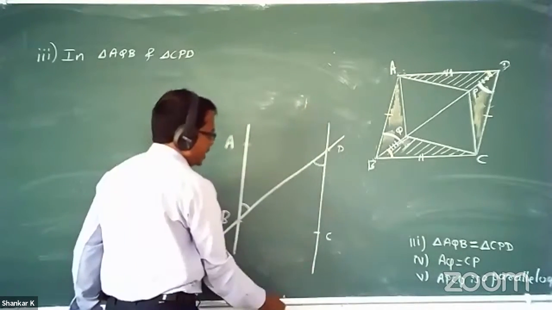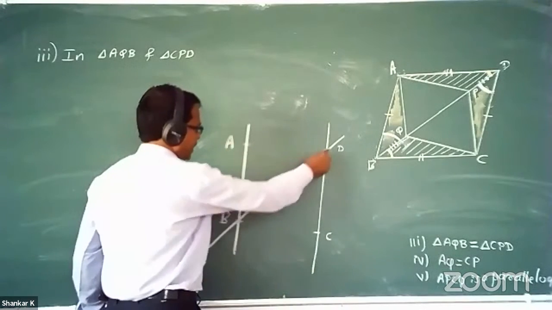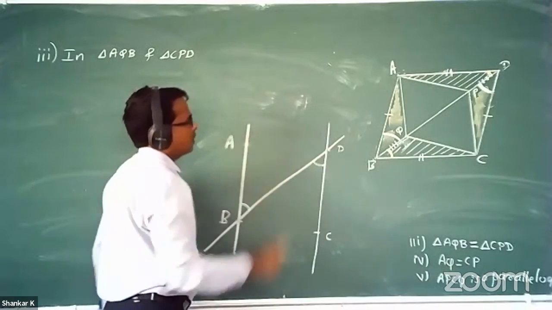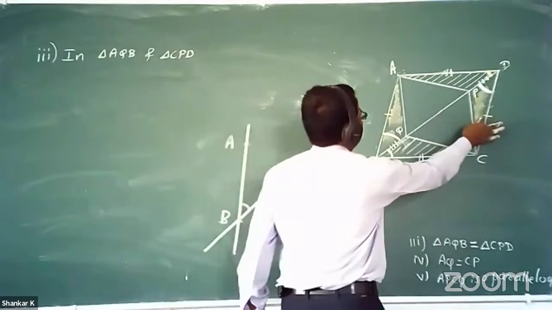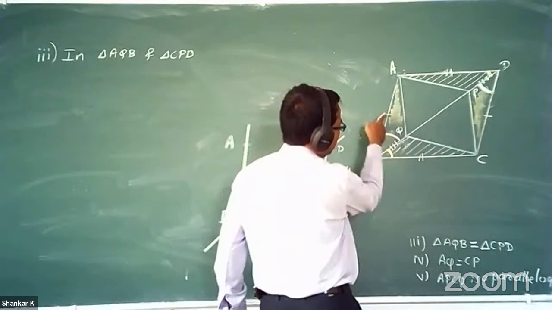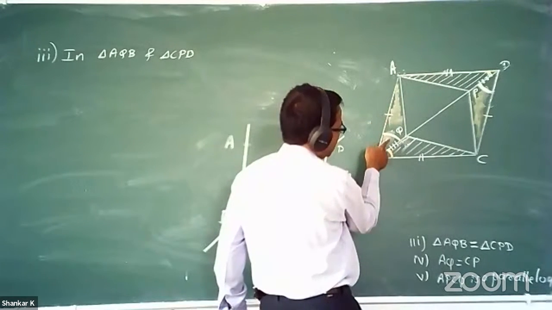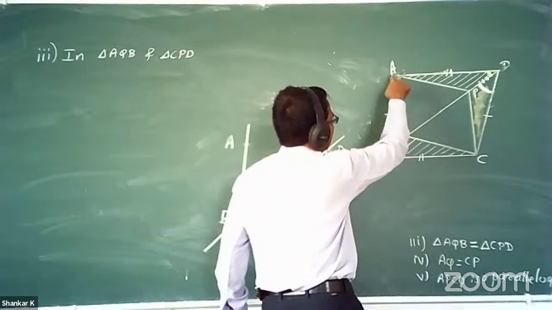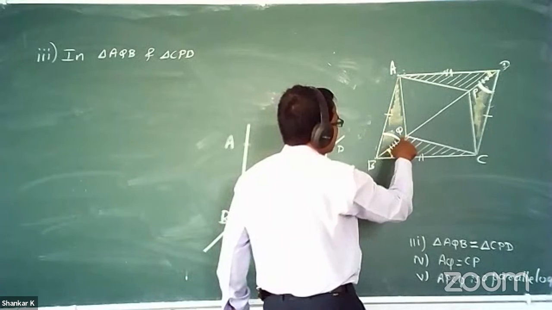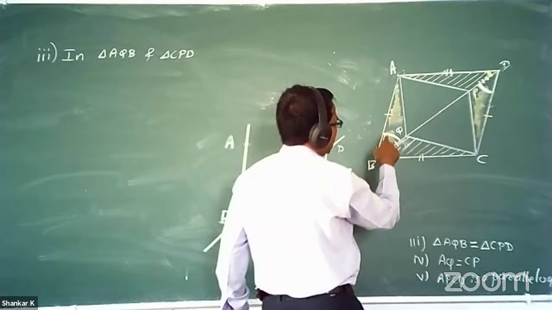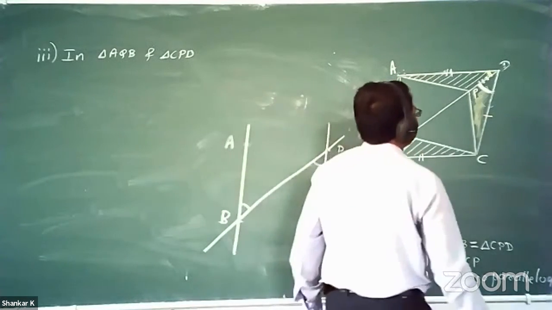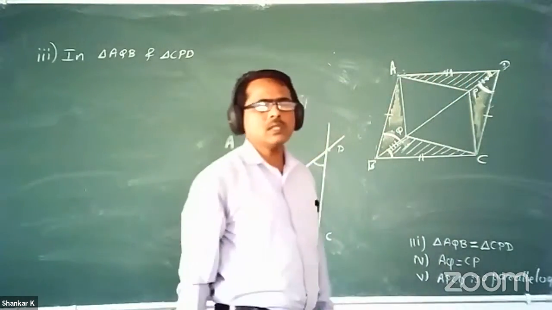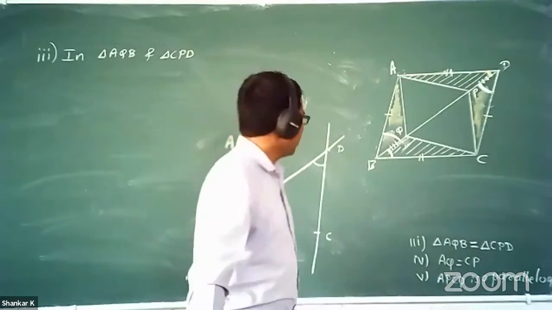AB is parallel to CD. Then ABD and CDB are alternate interior angles. Therefore, these are equal. Now, in these two triangles, side, angle, side. Which is side? AB is side. And ABQ is angle. Side, angle, side. So both the triangles are congruent. So, have you understood, students?